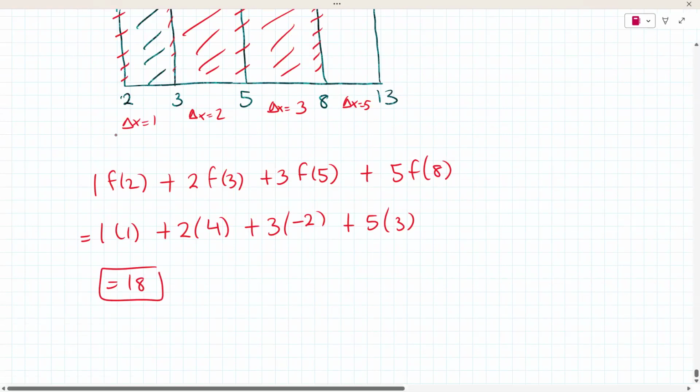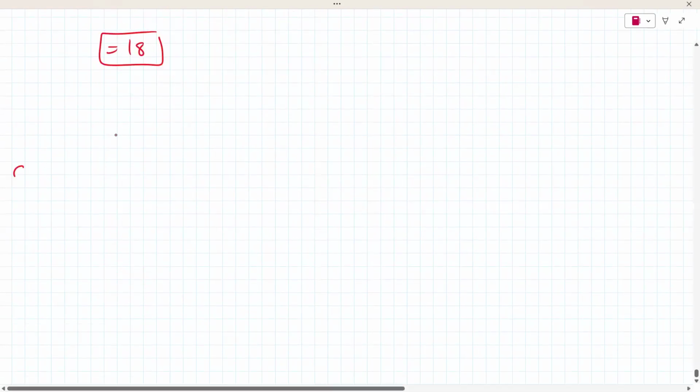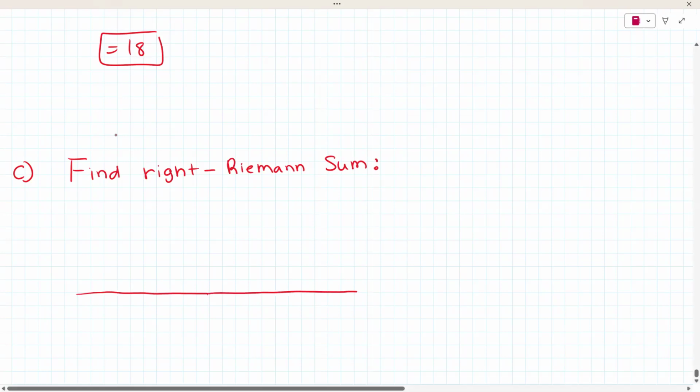Okay, let's do C. So we have to find the right Riemann sum. We have 2, 3, 5, 8, and 13.